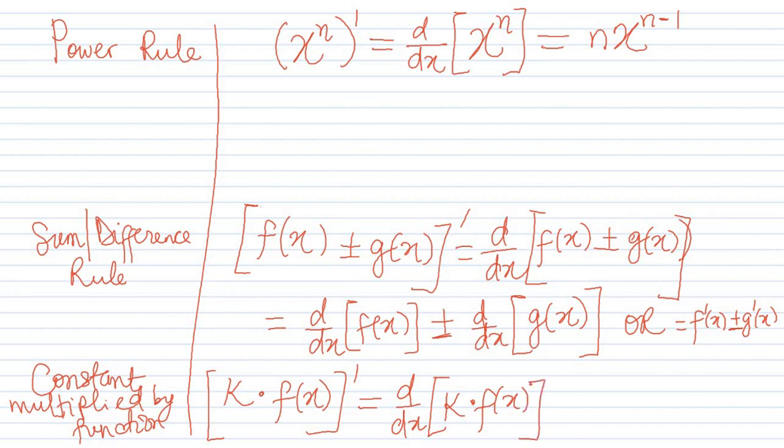So when you have that, it's the same thing as saying k times f of x and all of this prime, or k d over dx of f of x. So that's basically what it can be.